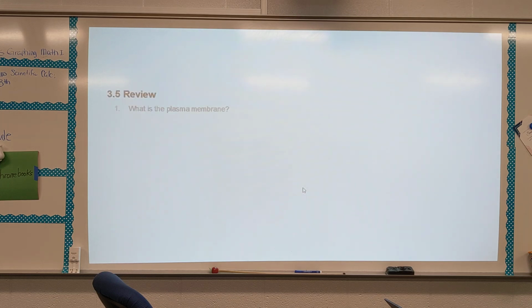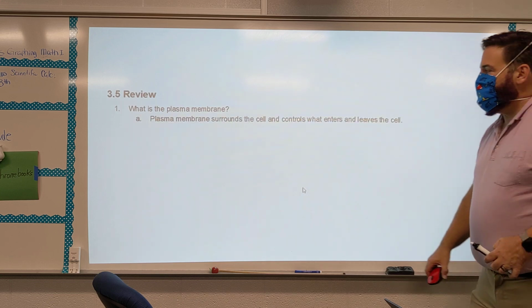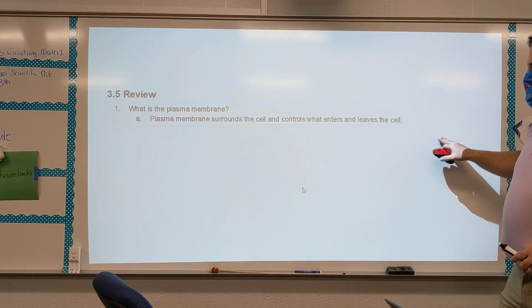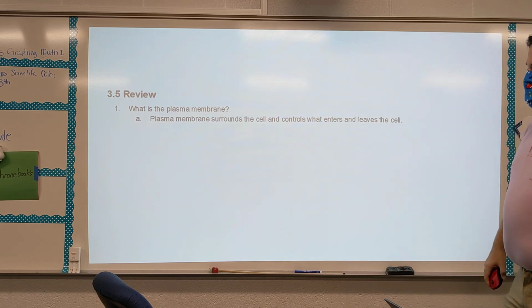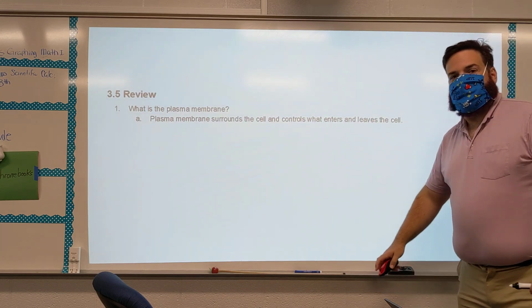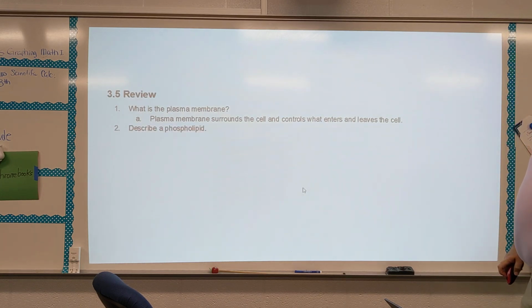All right, and 3.5. What is the plasma membrane? It surrounds and controls what enters and leaves the cell. It's like the big castle wall. It's like a filter. It's the wall around Ba Sing Se. Describe a phospholipid.